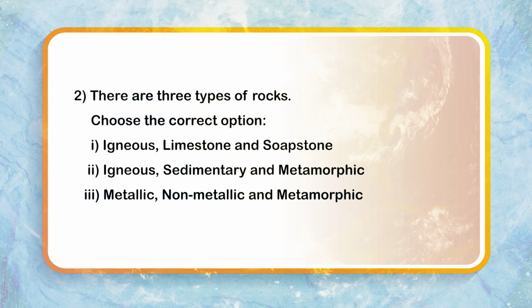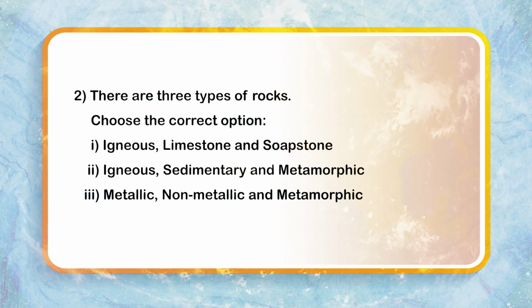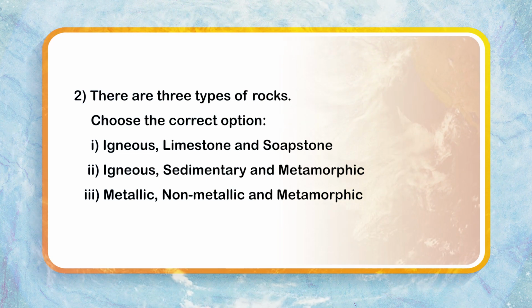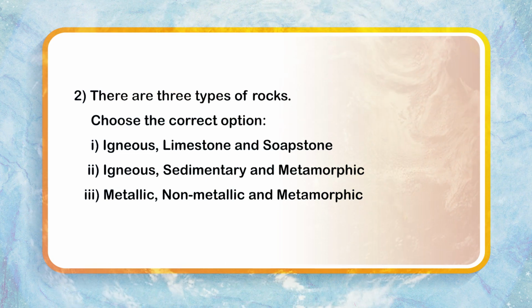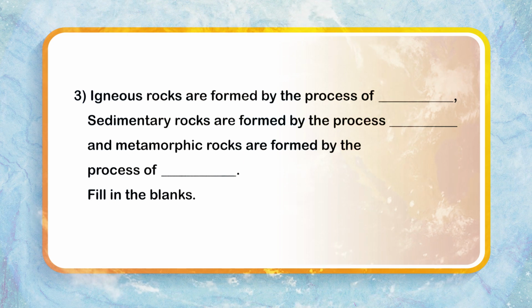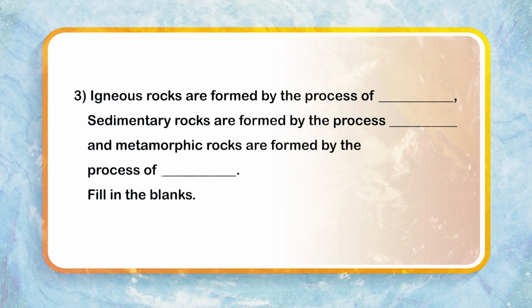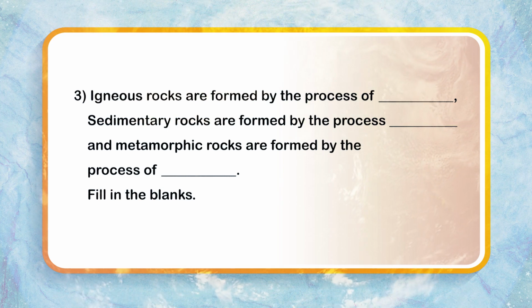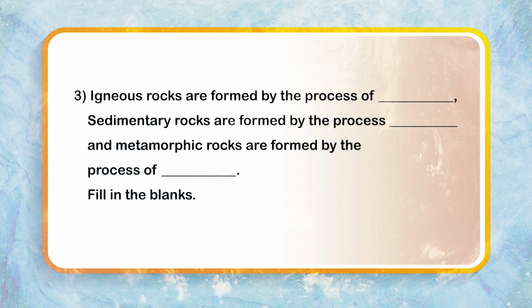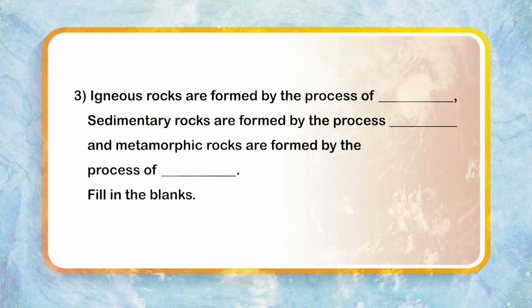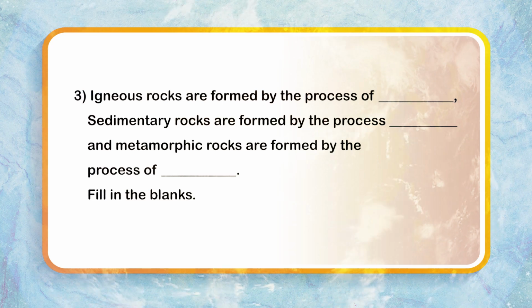The second option is igneous, sedimentary and metamorphic. The third option is metallic, non-metallic and metamorphic. Third question is, igneous rocks are formed by the process of blank. Sedimentary rocks are formed by the process of blank. And metamorphic rocks are formed by the process of blank. Fill in the blanks with suitable terminologies.